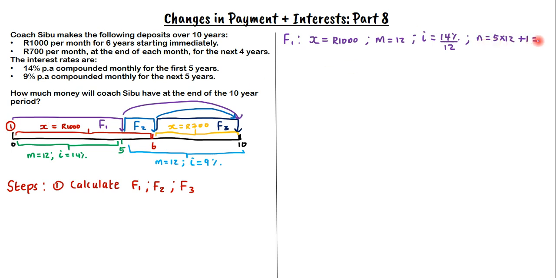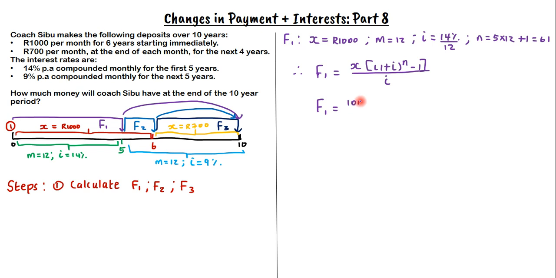Now by doing this, it gives us 61. This then means our value F1 will be x into 1 plus I to the power of n minus 1 over I.